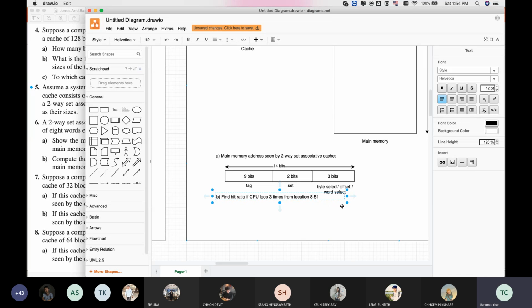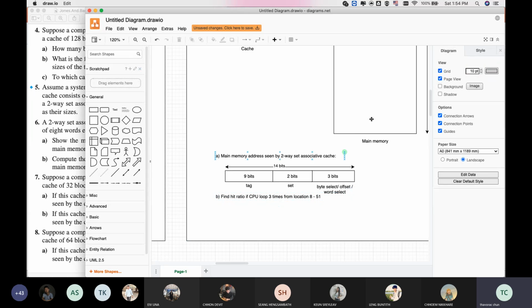When they talk about location here, it refers to the address of the main memory. Okay, address 8 to address 51.